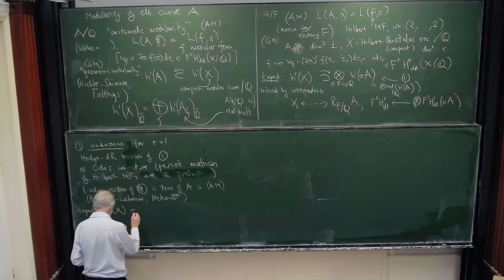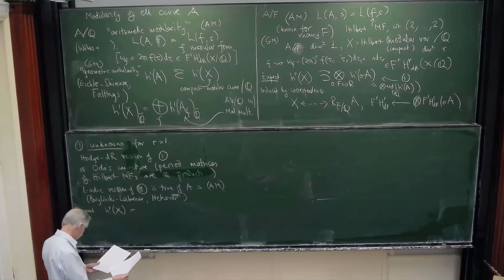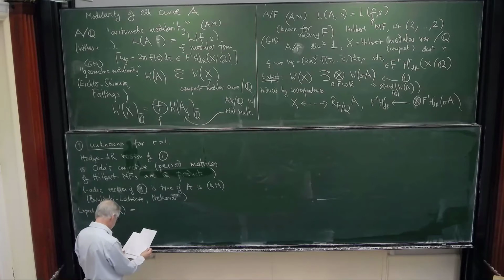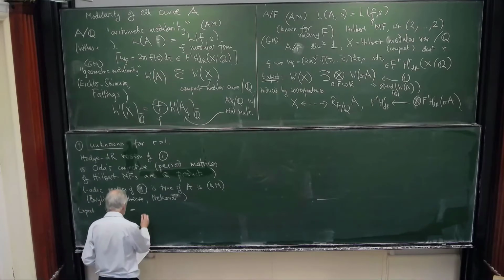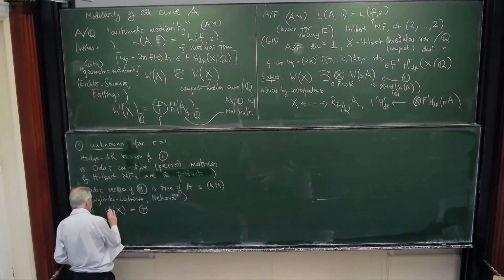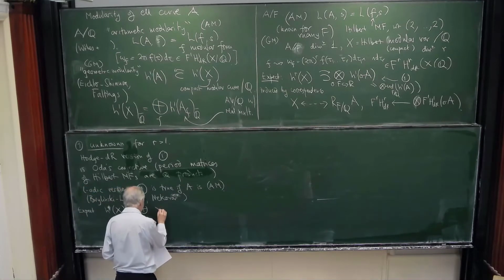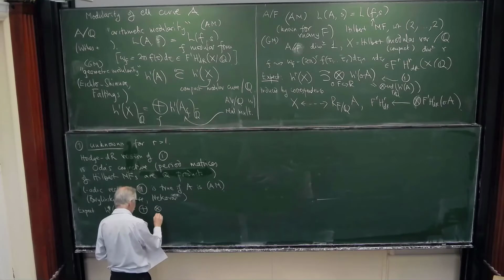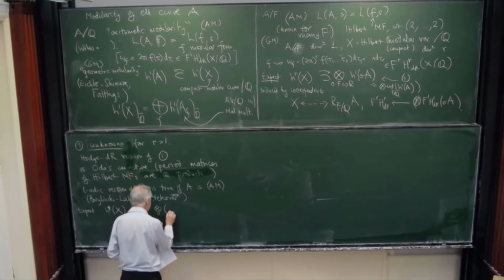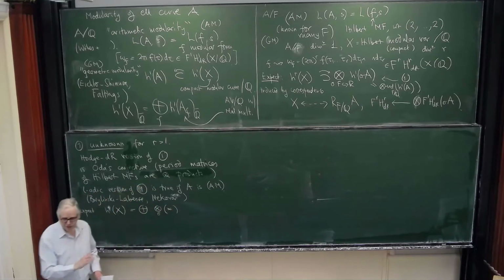We expect this to be the direct sum, and it's not just for R, it's the image really, of some tensor powers of sigma of something.